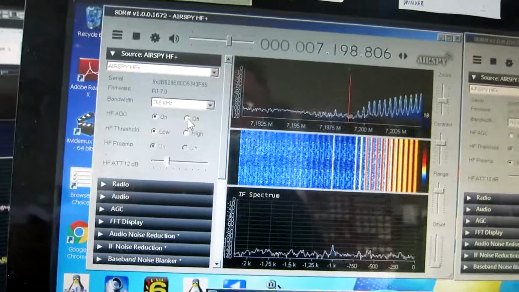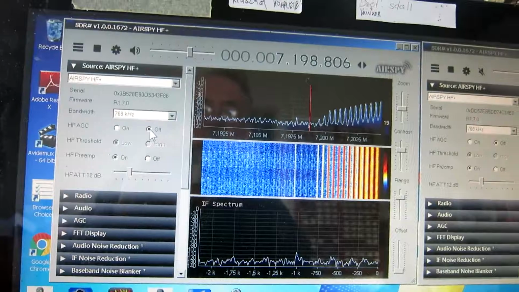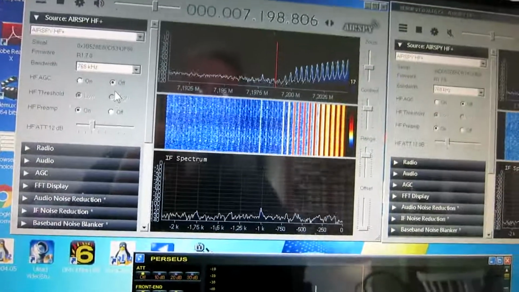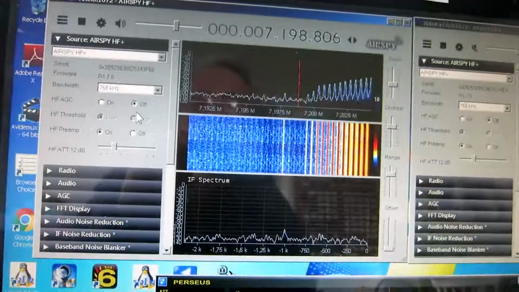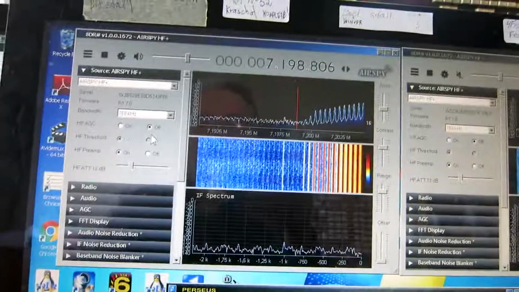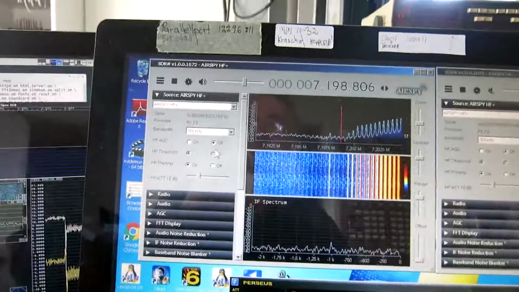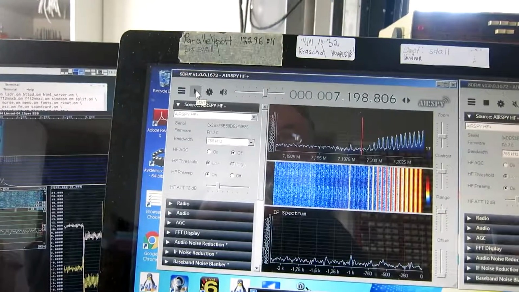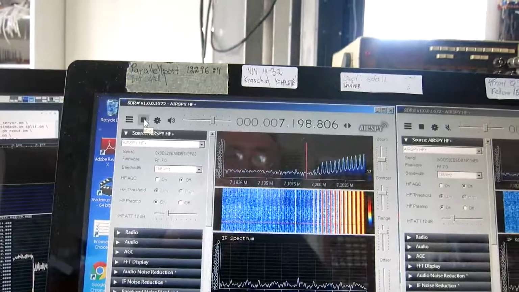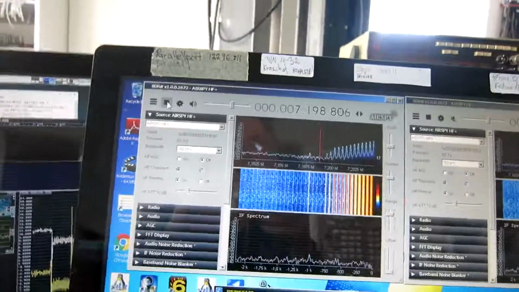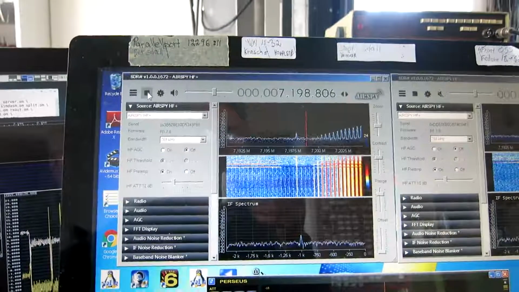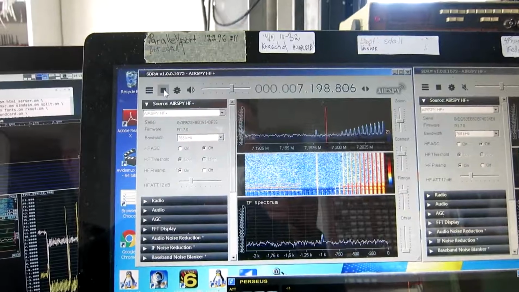But now when I switch off the AGC, it's still the same, because there is a memory effect in the firmware. So to restore, I can stop and then restart. And you see, this doesn't help. I have to reduce the strong signals, like that, and then put them back.